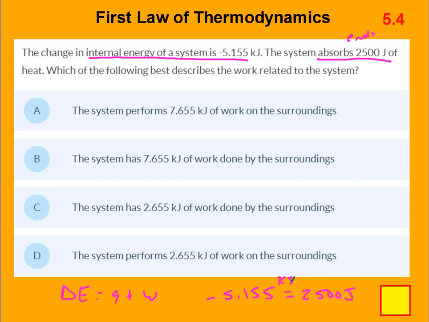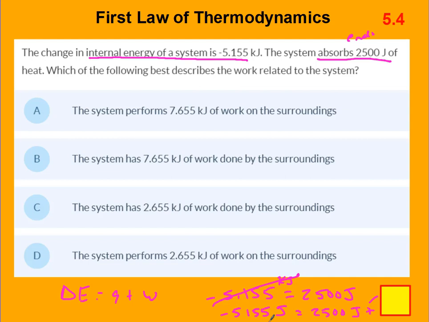And this one was kilojoules. Notice those aren't in the same unit. So I need to change this one to joules by multiplying by 1,000. So 2,500 plus X is equal to negative 5,155.